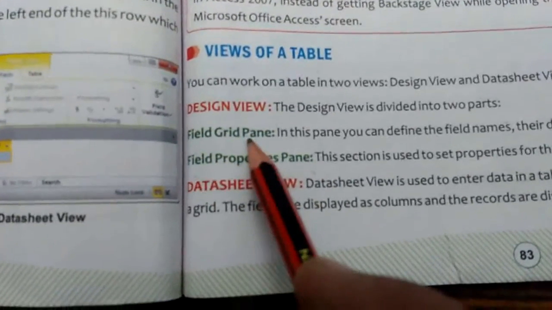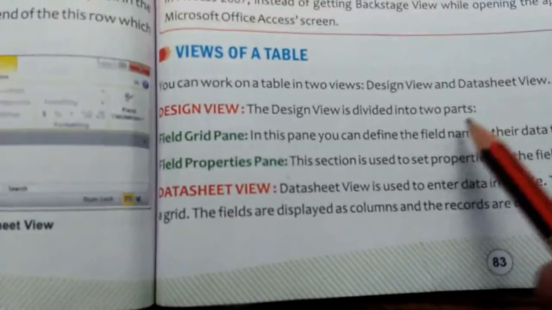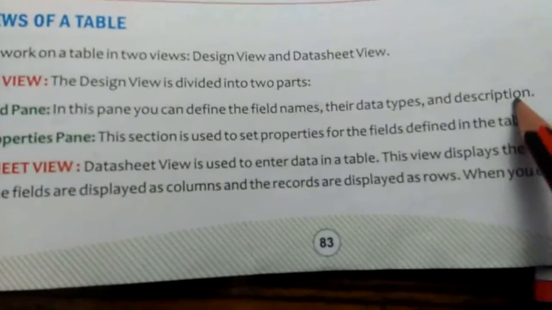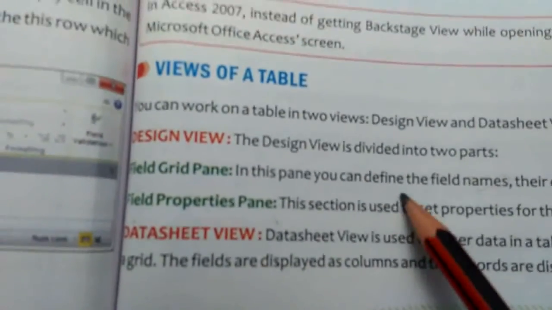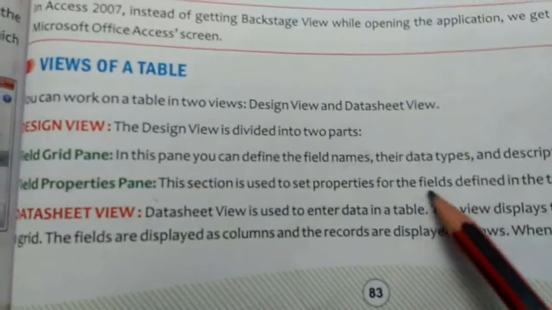In the field grid pane, we can define the field names, their data types and the descriptions.